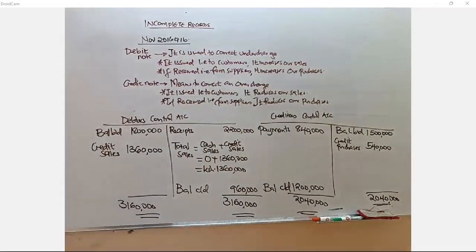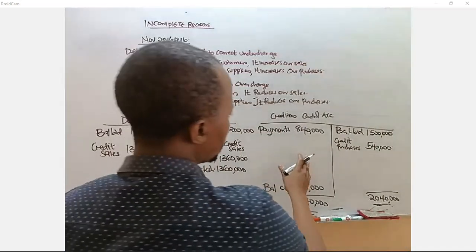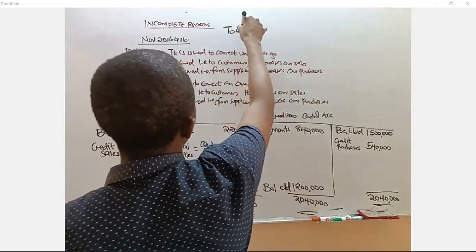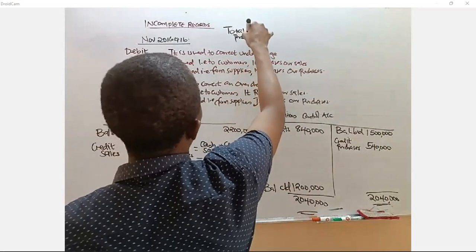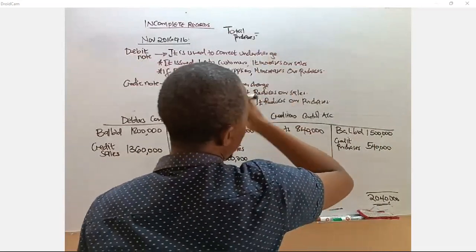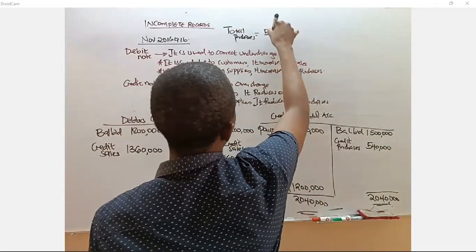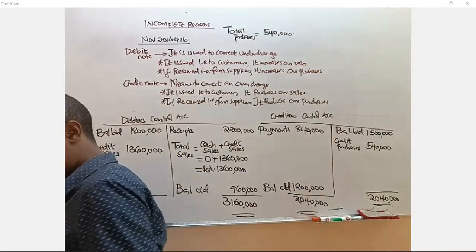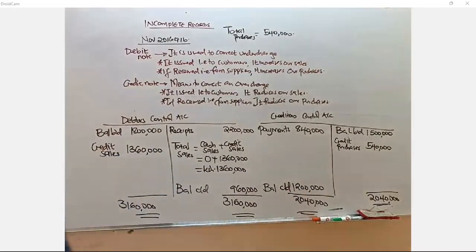And when you look at the question, we don't have the cash purchase. So my total purchases now will be 540,000, because we are taking the credit plus the cash purchases.